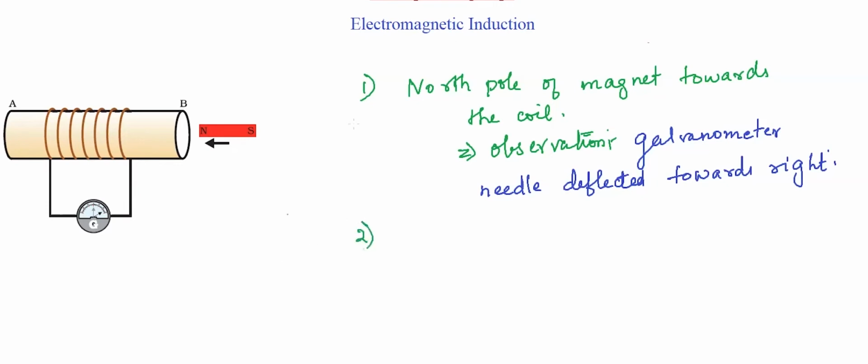Now, as a second experiment, we take the north pole away from the coil.